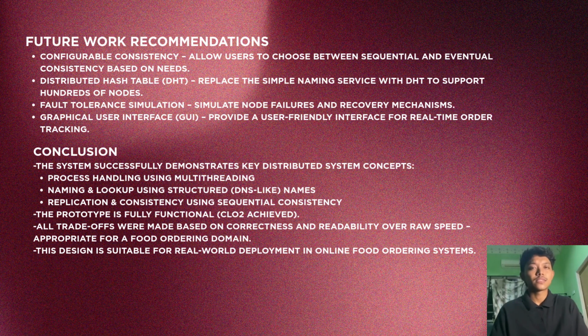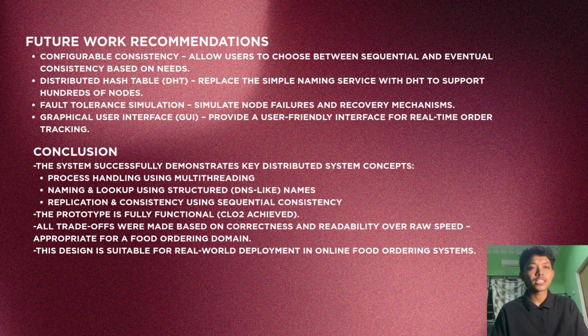Last slide is future work recommendations. To improve our system in the future, we recommend 4 improvements. First, configurable consistency, which allows users to choose between sequential and eventual consistency depending on their needs.